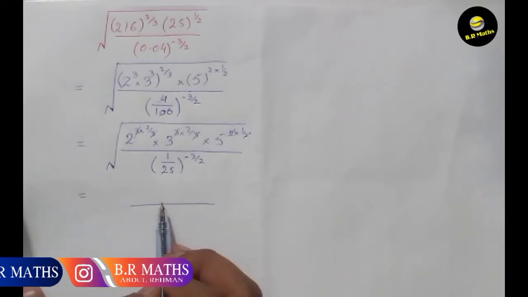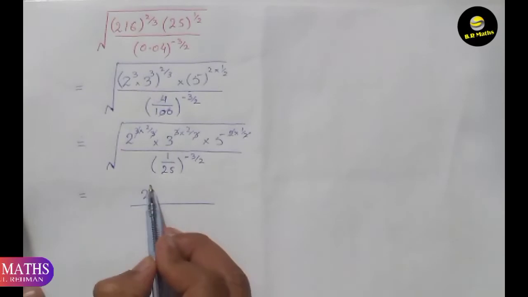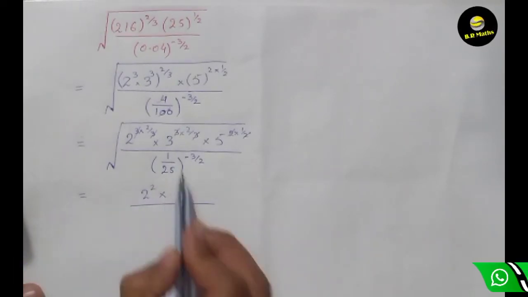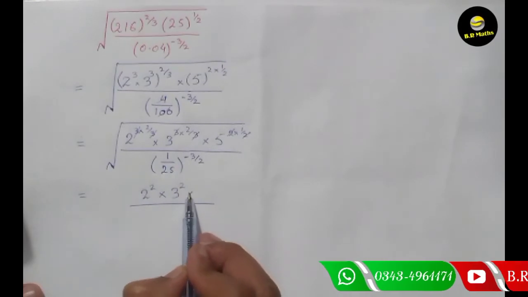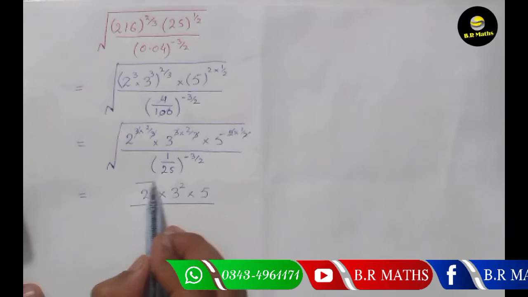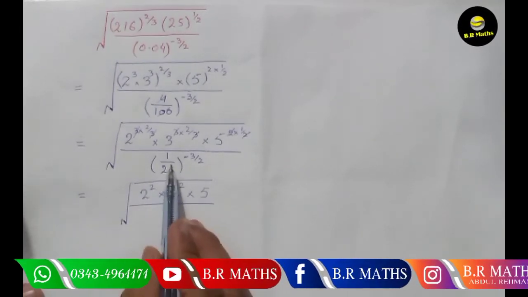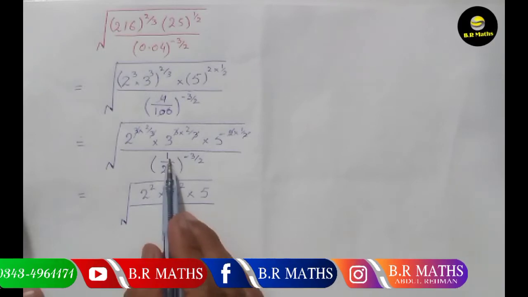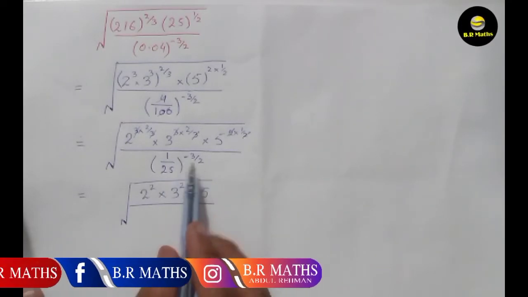So what is the remaining portion? Here 2 square multiplied by 3 square, and only 5 here. In the denominator, we have 1 over 25 raised to power minus 3 by 2.